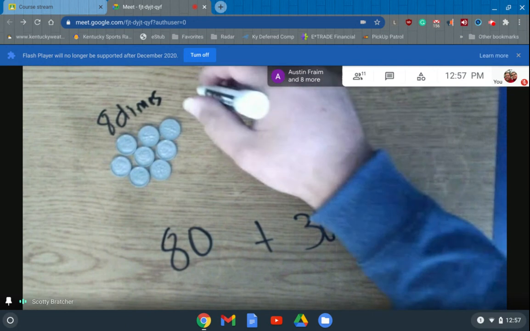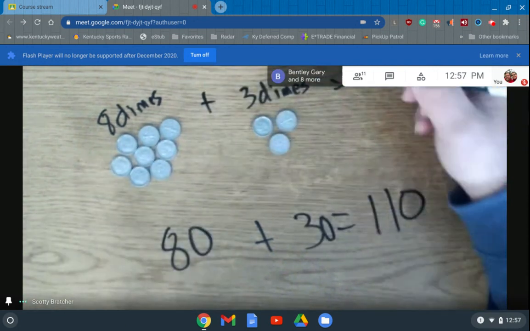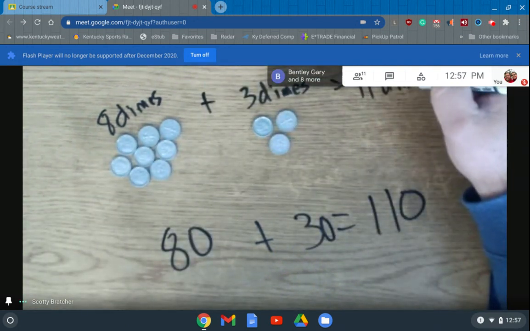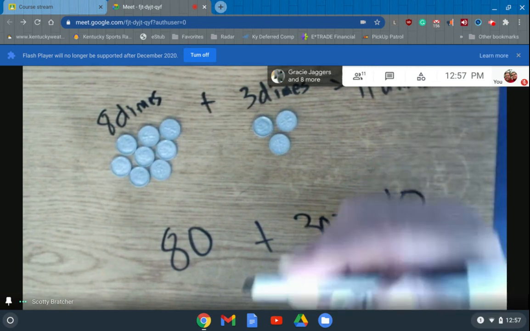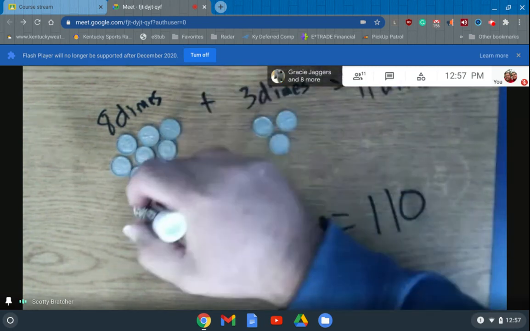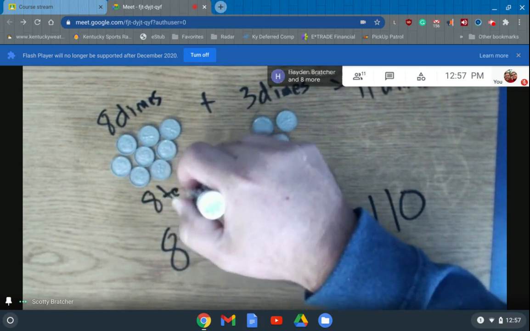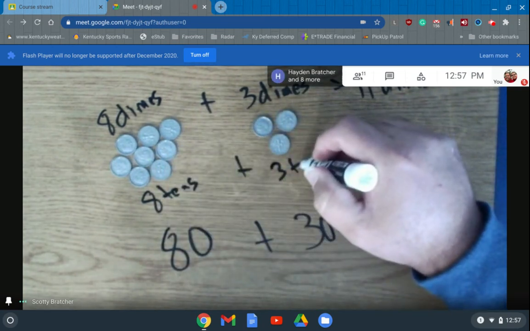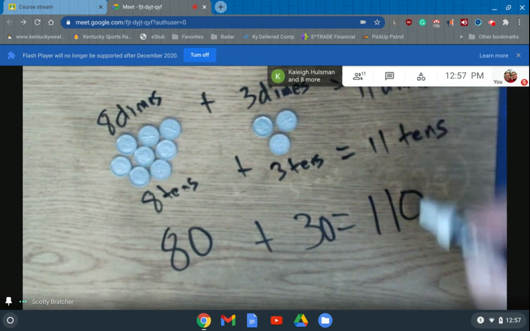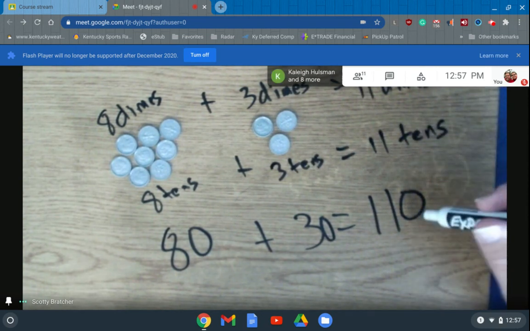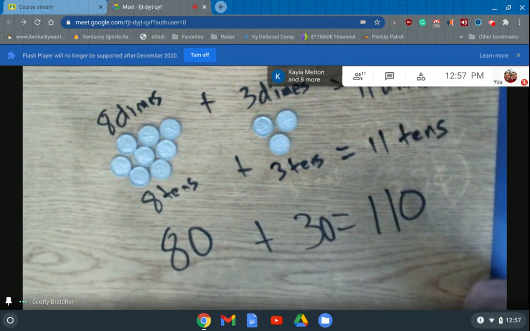And if I slide all of them together, there's going to be 11 dimes. Okay? I know you may not be able to see the 11 dimes. If I write it the tens way, it's 8 tens plus 3 tens equals 11 tens. And then we've already done the number sentence for it.